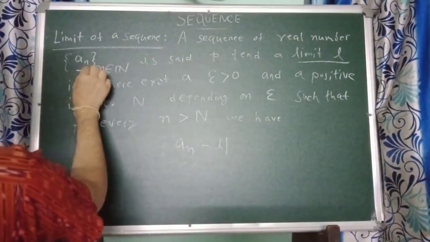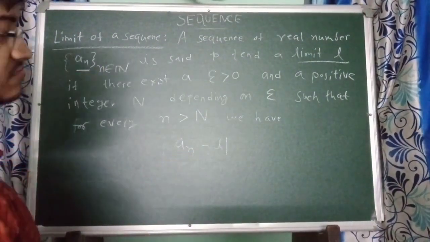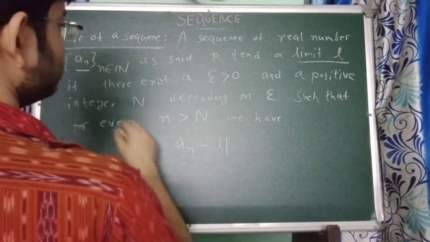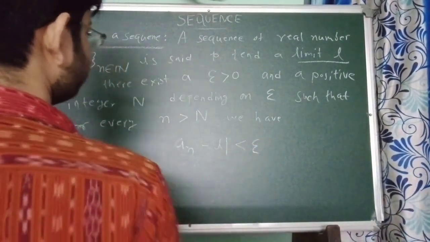The distance between a_n, meaning the terms of the sequence, and L is less than epsilon.